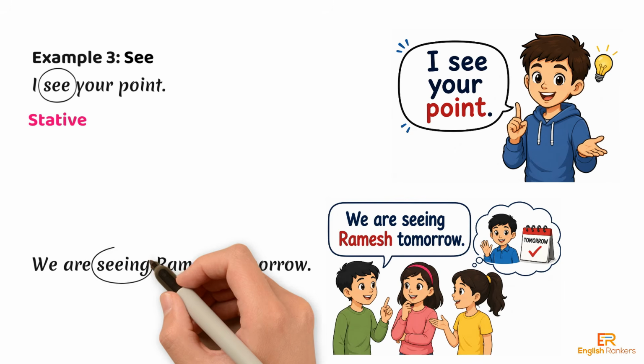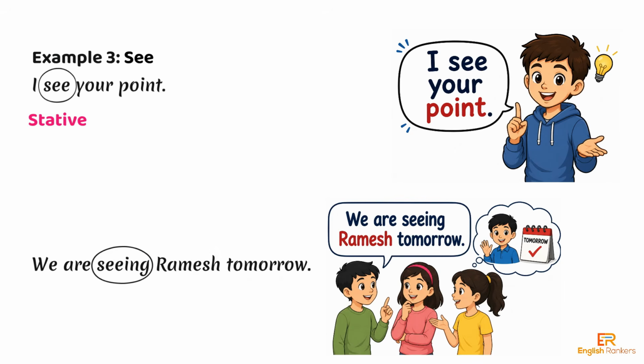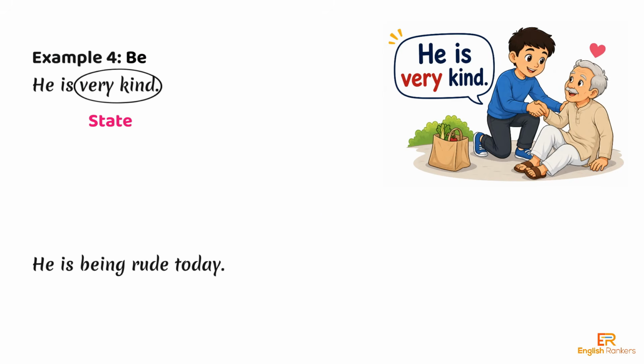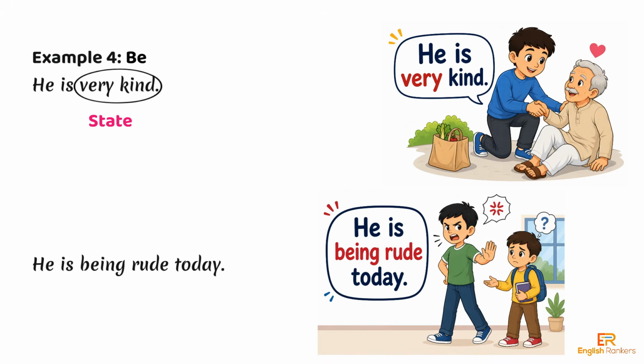We are seeing Ramesh tomorrow. Here, seeing means meeting someone. That is an action. Example number four, be. He is very kind. This describes his nature. That is a state. He is being rude today. Here, being means behaving in a particular way right now. So, the continuous form is possible.